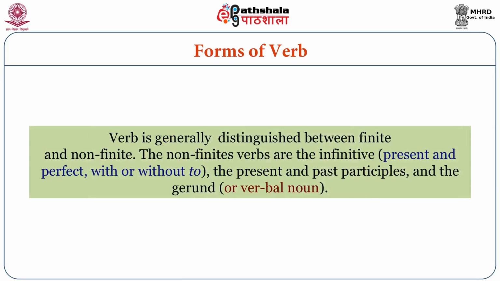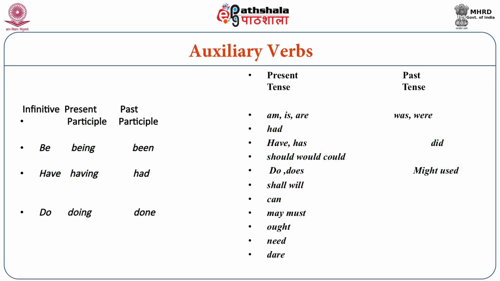Verbs are generally distinguished between finite and non-finite. The non-finite verbs are the infinitive, present and perfect, with or without to, the present and past participles, and the gerund or verbal noun. Now you can see in this list of the auxiliary verbs, we have non-finite forms as well as finite forms.